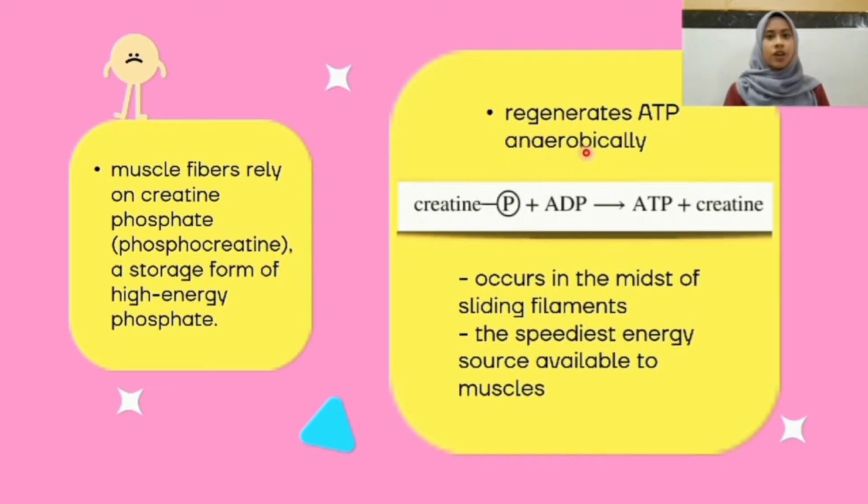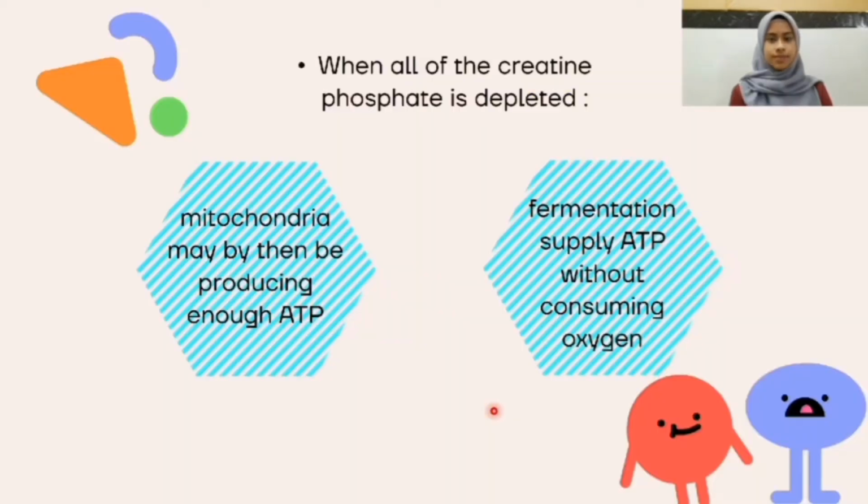Instead, it anaerobically regenerates ATP by the reaction where phosphocreatine reacts with ADP and produces ATP along with creatine. This reaction occurs in the midst of sliding filaments, and therefore, this method of supplying ATP is the speediest energy source available to muscles. When all of the creatine phosphate is depleted, mitochondria may by then be producing enough ATP for muscle contraction to continue.